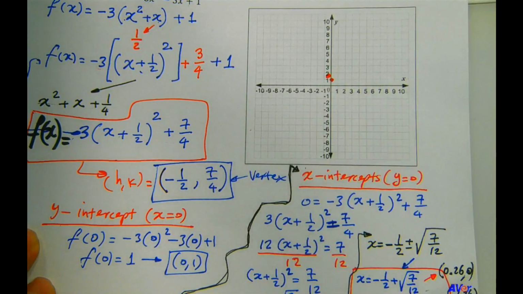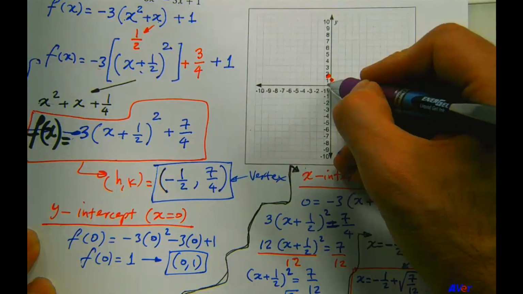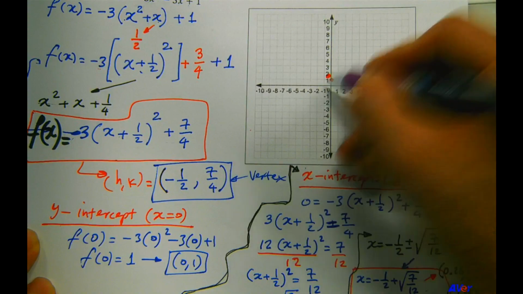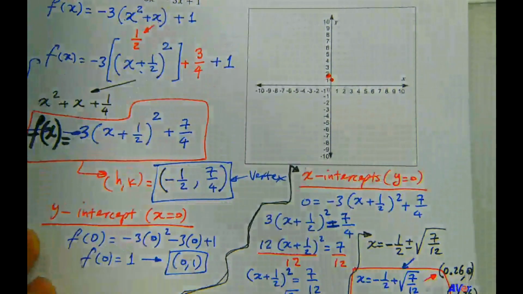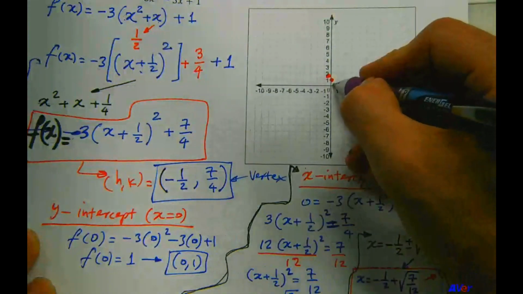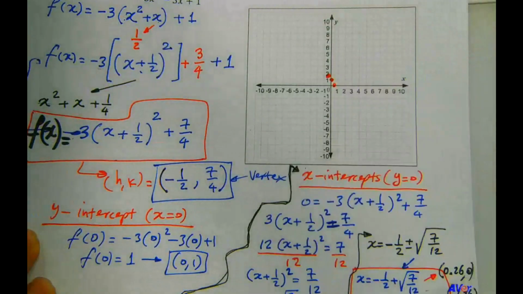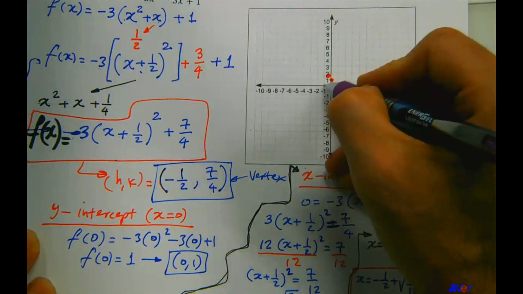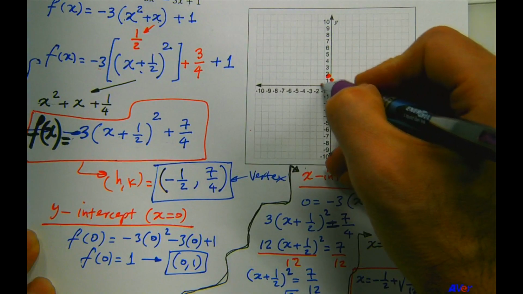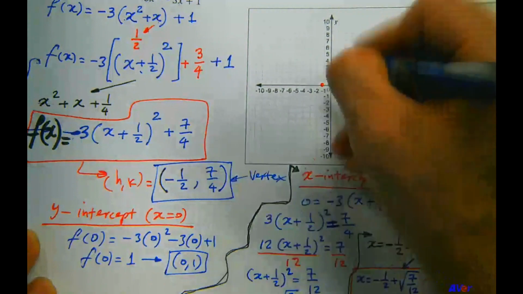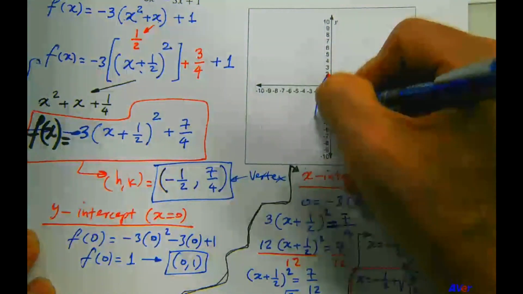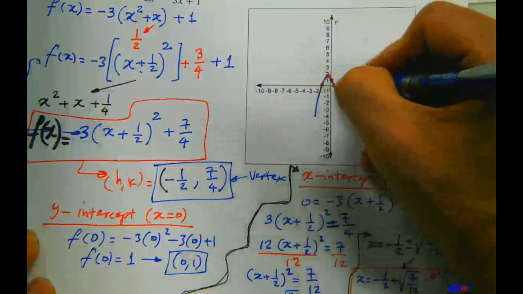Now the x-intercepts were 0.26, that would be here, and negative 1.26. So 0.26 would be on that side, and negative 1.26 would be on this side. So this graph is going to look like this, like that.